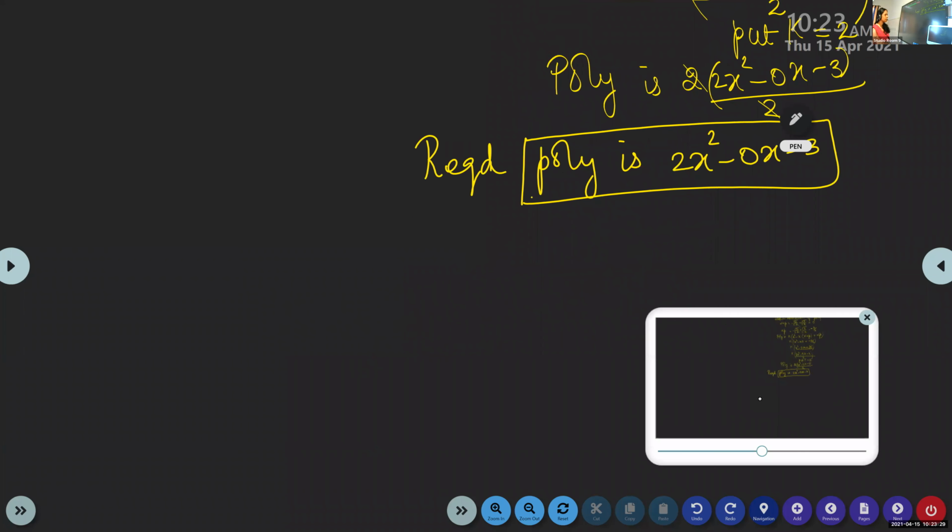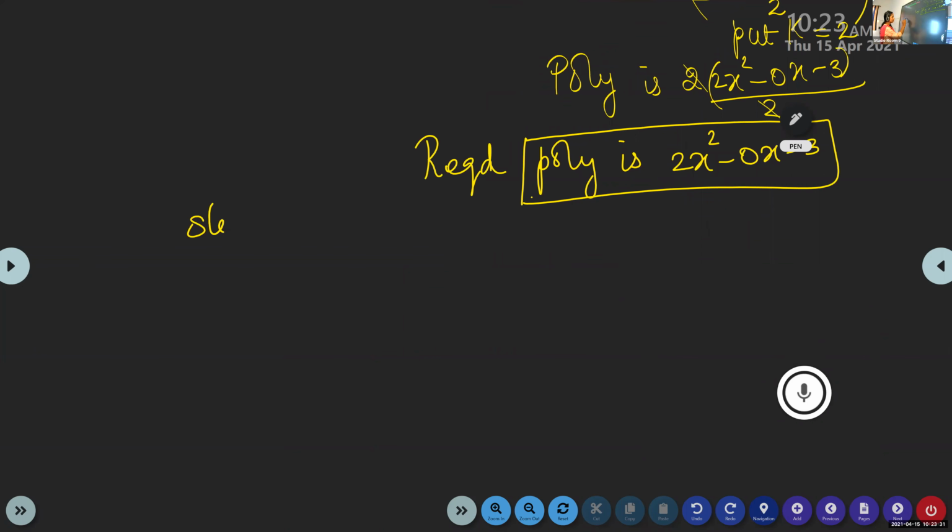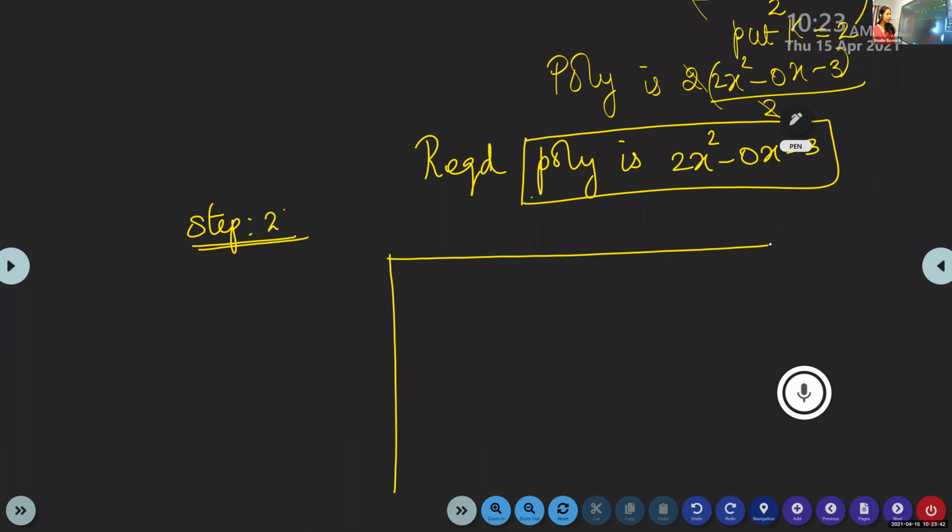Now let's proceed with the second step. Step 2 is long division. We are going to divide the given polynomial by the polynomial we have formed, 2x square minus 0x minus 3.